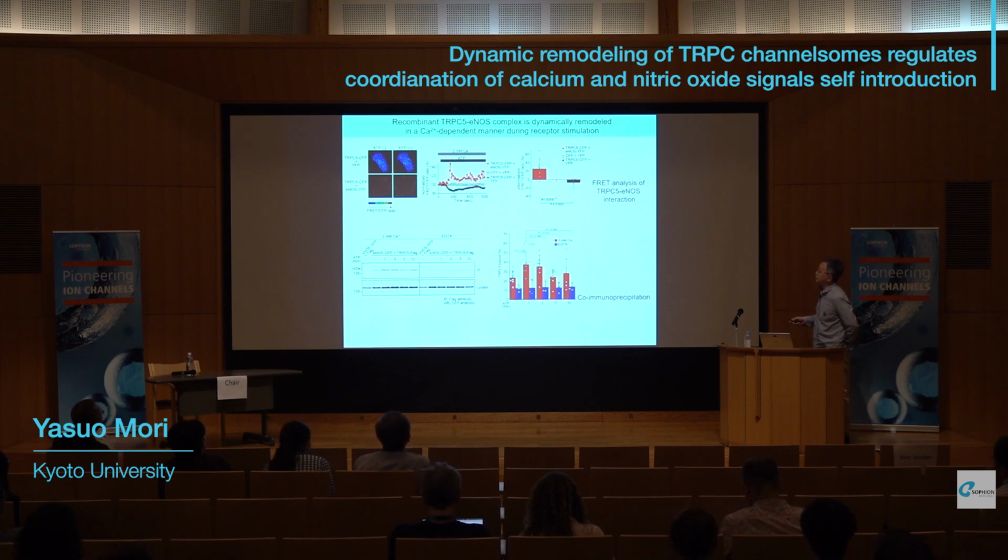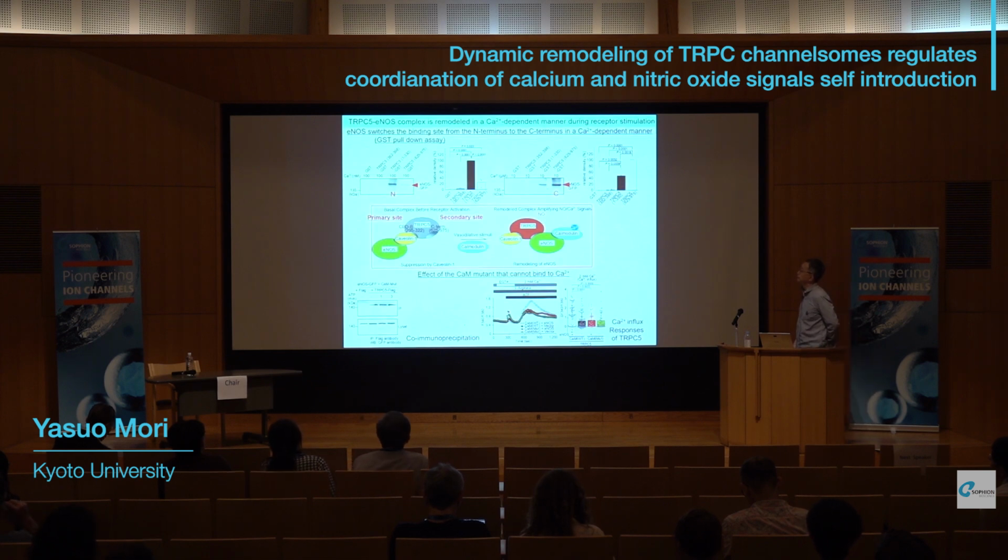This can also be examined using a co-immunoprecipitation assay: in the presence of extracellular calcium, these two components show a very nice band of interaction, but this was nearly abolished when extracellular calcium was omitted. This indicates that extracellular calcium, and probably calcium influx, is very important for the interaction between TRPC5 and eNOS.